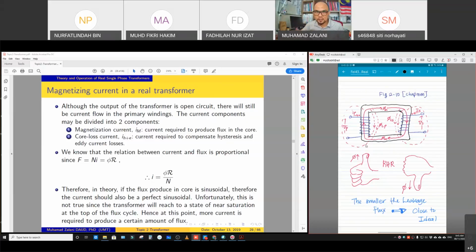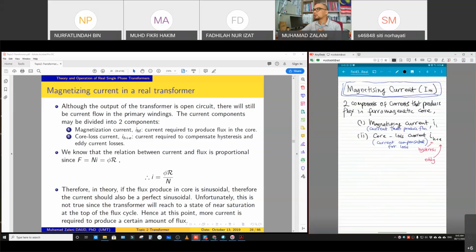We can never fully do this, but if we do it carefully and try to make a perfect transformer, meaning that we minimize the flux leakage, then when we minimize the flux leakage to nearly zero, we are close to the ideal transformer. But in the real world, we cannot make an ideal transformer. There will be some losses.